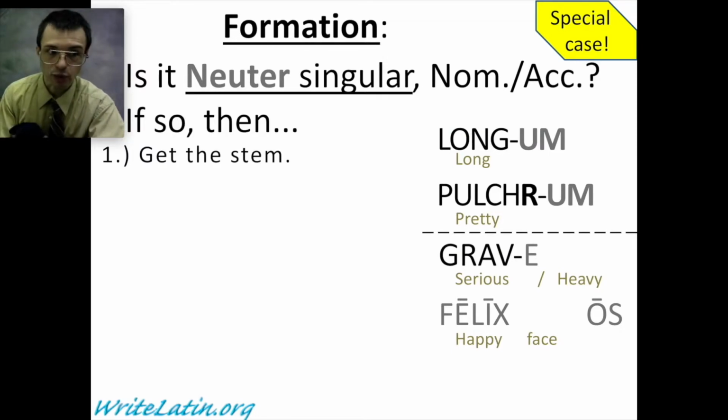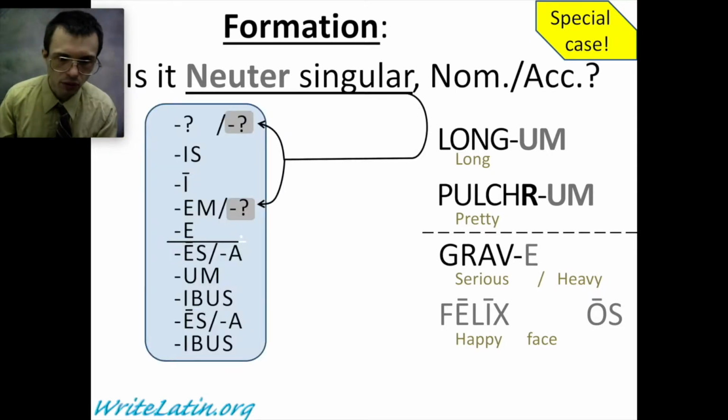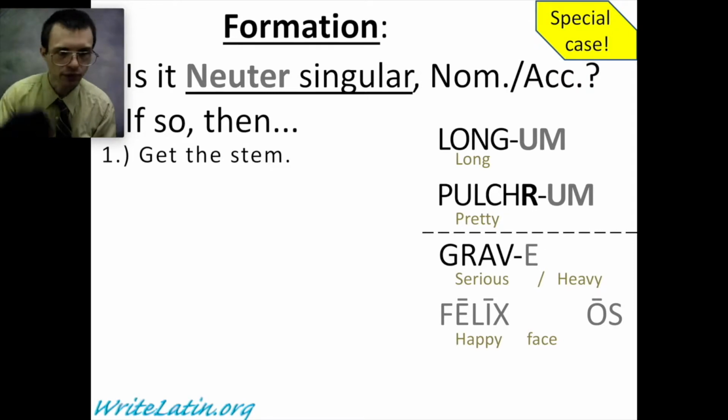So, to make the IUS form, first, get the stem. Mr. Edmond, how do I get the stem? The rule, technically, is you take the genitive singular form, whatever that is, and remove IS. But I think you should just be able to pick it up. It's whatever is preceding nine out of the ten forms is the stem.